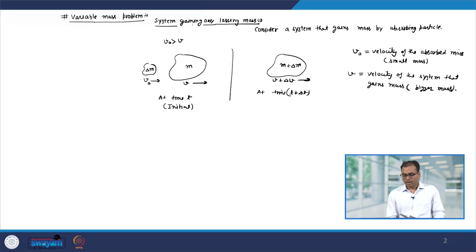Now since all this happens in a very small time dt, therefore we can use the impulse momentum relation.